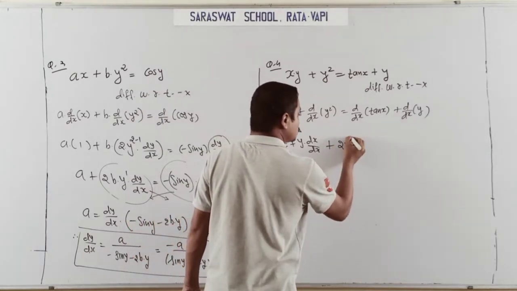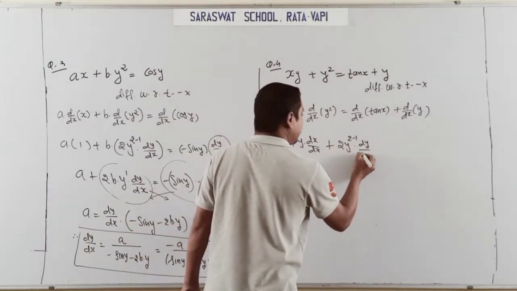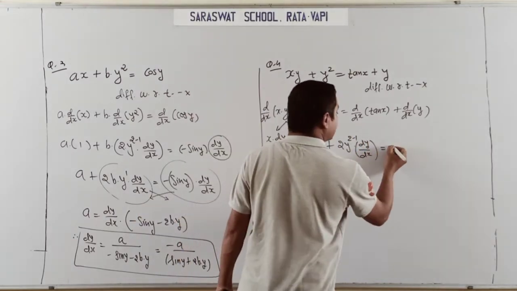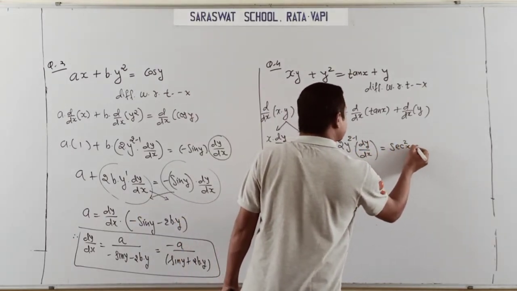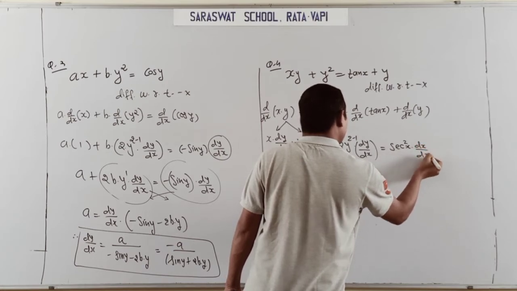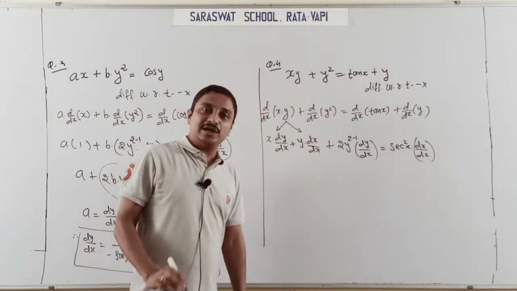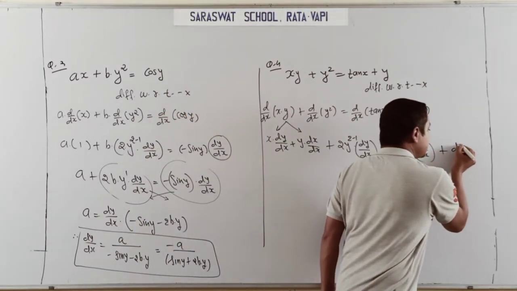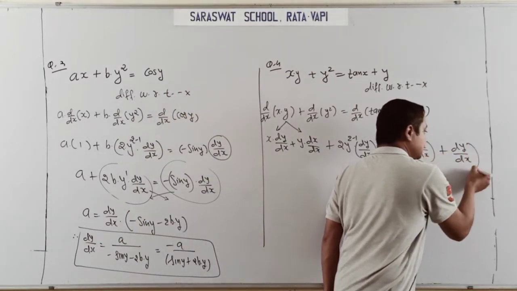So 2y to the power 2 minus 1 and y pending, dy by dx. Yes, here tan x square x, for x derivative pending, just write down dx by dx. Actually it is 1, but you show the dx by dx. And here same, dy by dx.